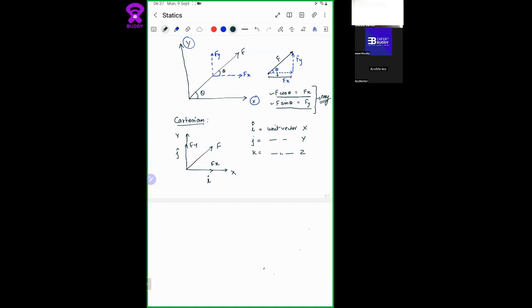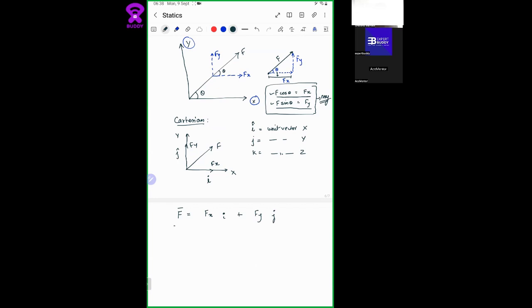What I'm going to do is write F bar. That is the vector form of it. Here it was a pure magnitude, not talking about the direction. But when I write F bar, I have to be careful about the direction as well. So what is F bar? F bar is nothing but the x component times i plus the y component times j.